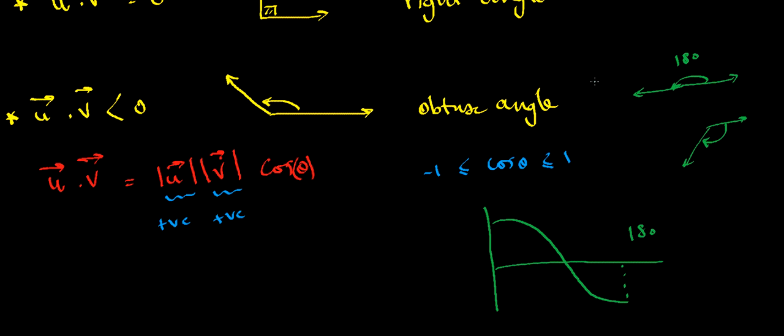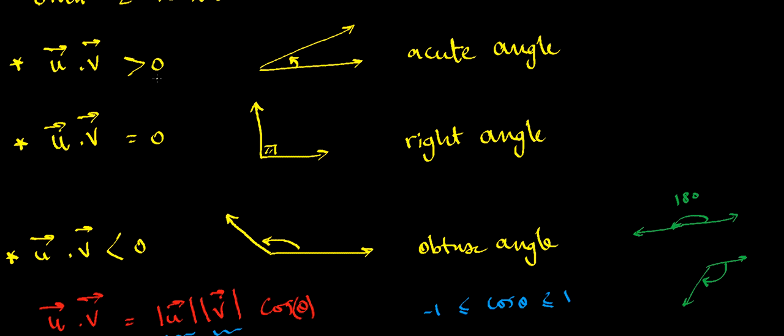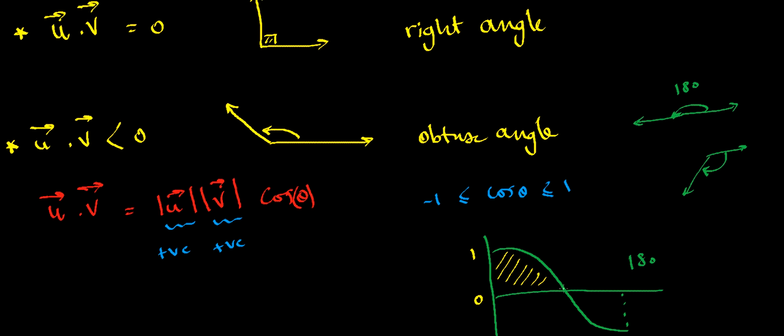So if we have an acute angle, which means the angle lies between 0 and 90 degrees, we lie in this region over here, and the value of cosine theta ranges between 0 and 1. So this is going to be a positive value, therefore u dot v is going to be bigger than 0. Now, if the angle is 90 degrees, cosine theta is equal to 0, therefore a positive value times a positive value times 0, eventually we're going to get 0.